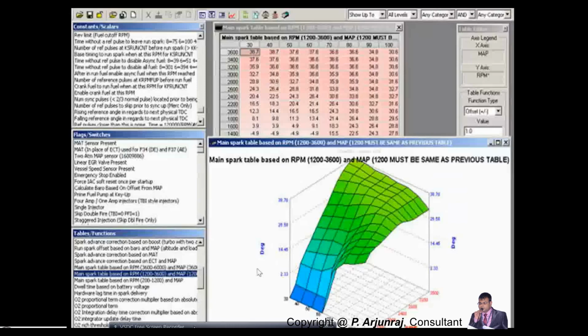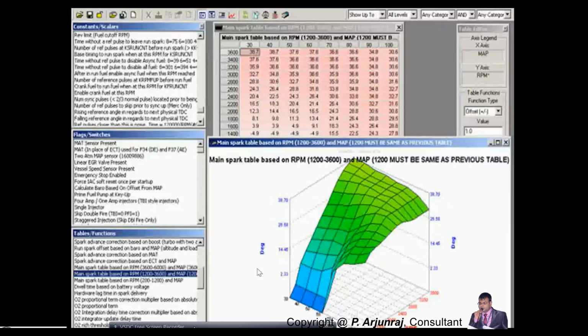Accordingly we also get the mapping, and we can find out the manifold absolute pressure at different RPM. You can also fine tune if the pressure is below, and accordingly you can ensure that you get a good torque, which means you get good power, which means you get better performance as well.